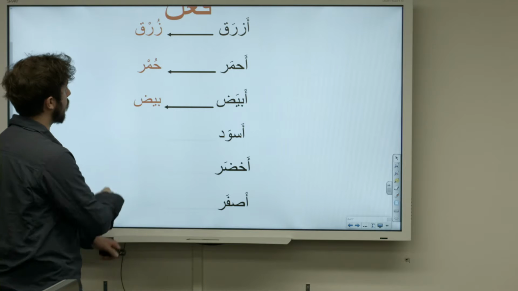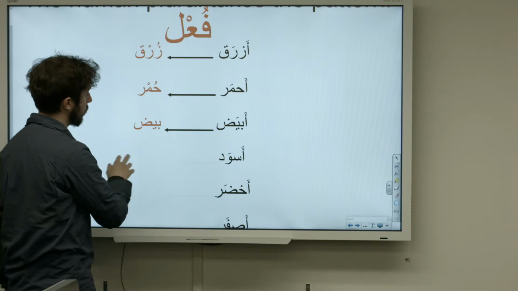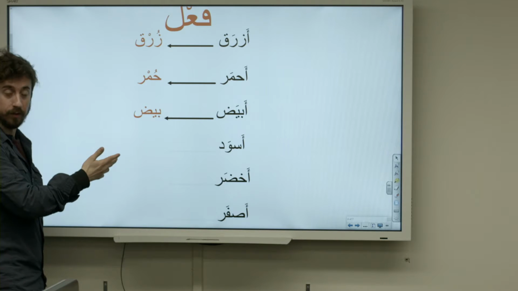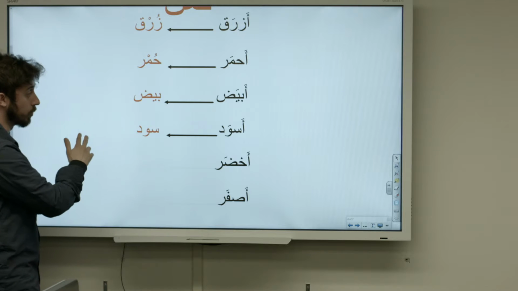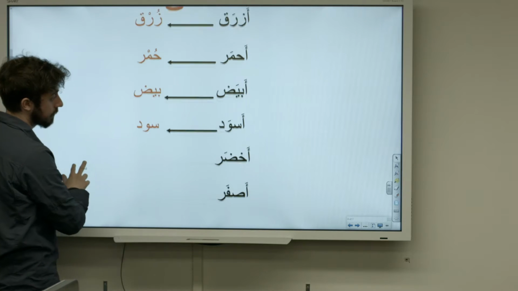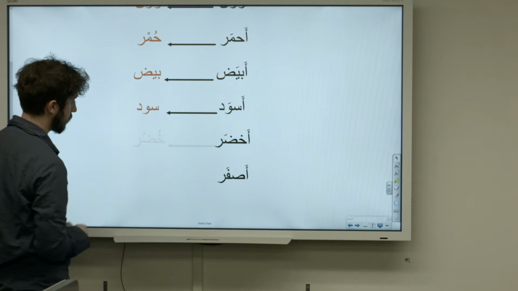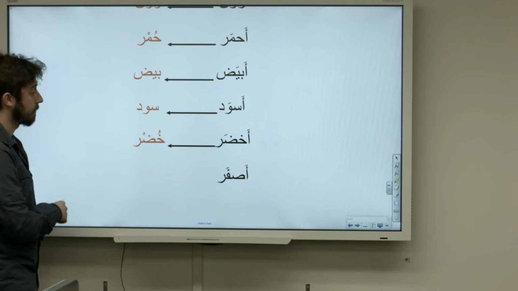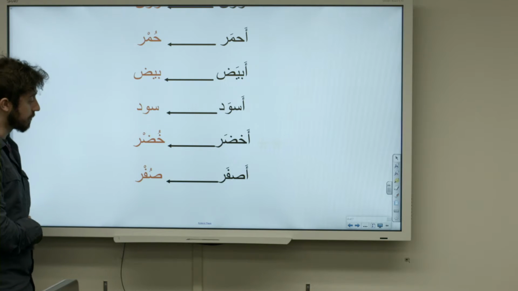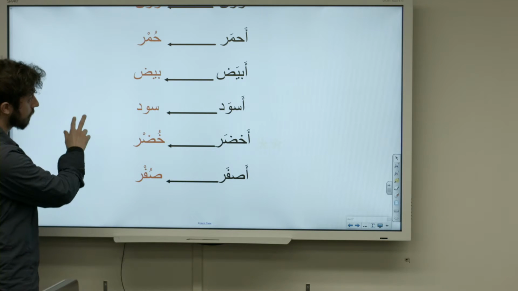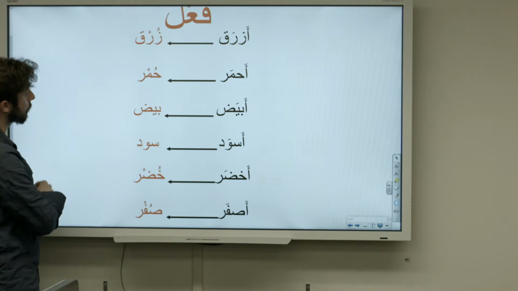It deviates from this pattern a little bit because of the long vowel in it, so it just becomes bid. Aswad becomes, similarly, sud, because of the long vowel. Akhdar becomes khudr. And asfar, lastly, becomes sufr. So again, just take a look at these and study them.